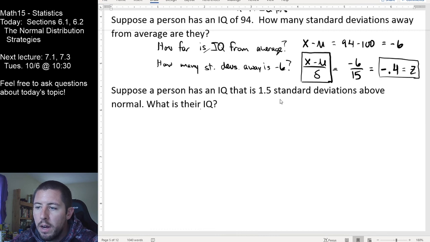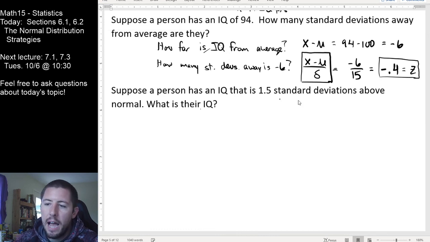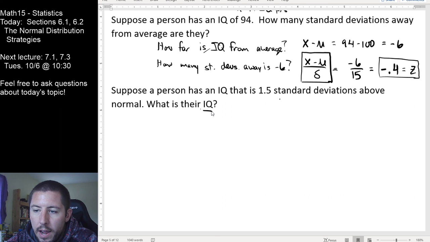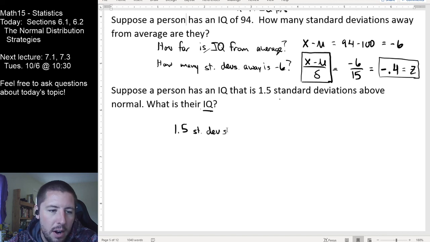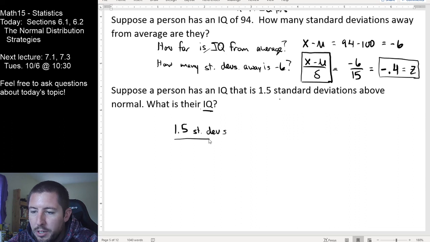So what I'm thinking to myself is I really want to get into IQ, right? I've been given a number that's not in terms of IQ. So I'm going to say 1.5 standard deviations. And I'm going to write this out a little bit long form for myself. I don't typically write it like this. I'm just going to do this once right here. I'm going to do a little bit of unit math. I know that one standard deviation is the same thing as 15 IQ points.